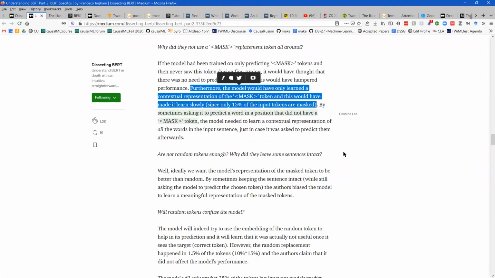I see. So you're saying we can't just ask it to predict whether there should be a mask. In other words, it's not allowed to predict that the next word is a mask token.